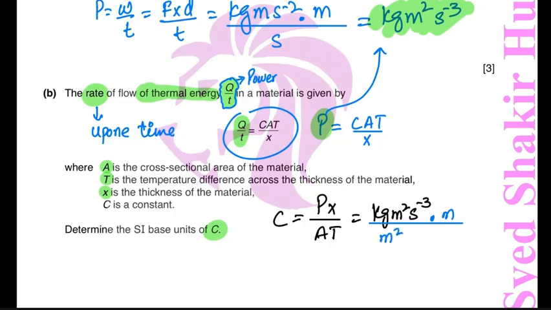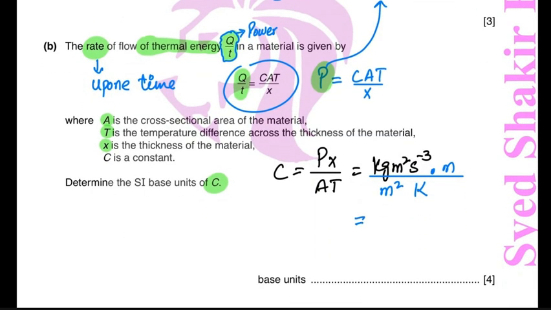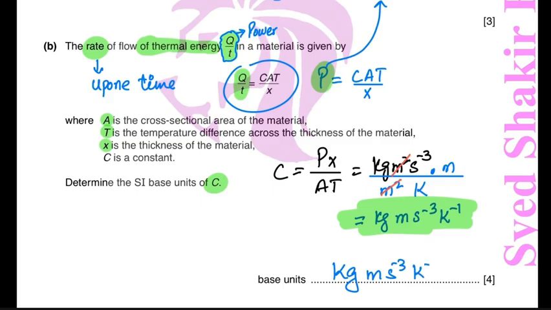What is T? It's temperature, so Kelvin. Now simplifying it, m² gets cancelled with m². It will become kg m s⁻³ K⁻¹. These are the SI base units: kg m s⁻³ K⁻¹.